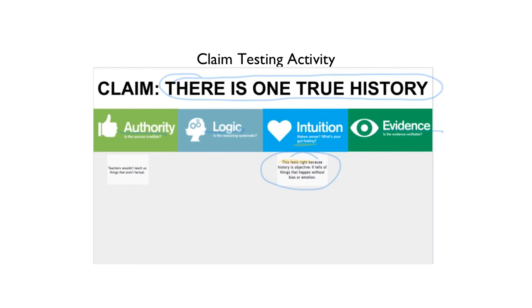When we look at our next one over here, we have the statement, "Teachers wouldn't teach us things that aren't factual." I've gone to school for a very long time to teach you world history, much like Miss Hope has gone to school for a long time to teach you biology, and Miss English has gone to school for a long time to teach you English. That was funny, that rhymed, or I guess it was the same name.